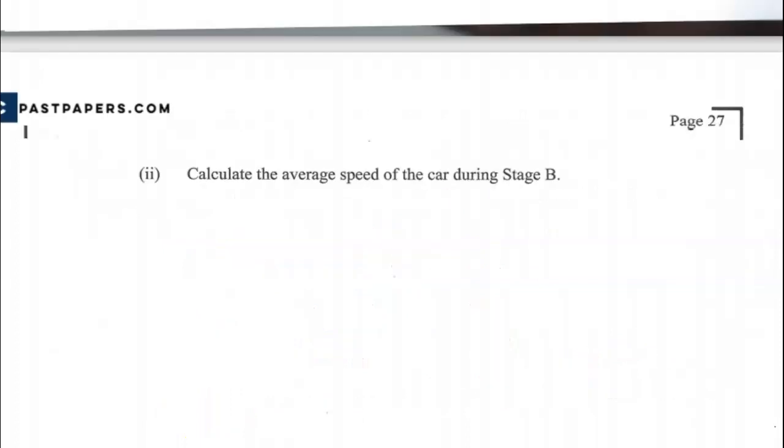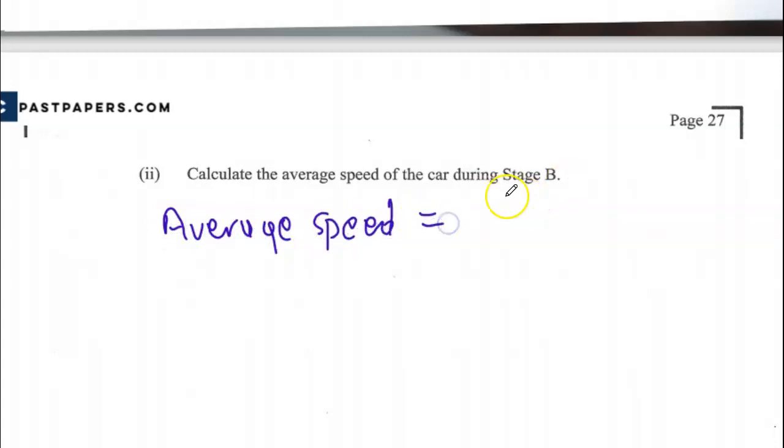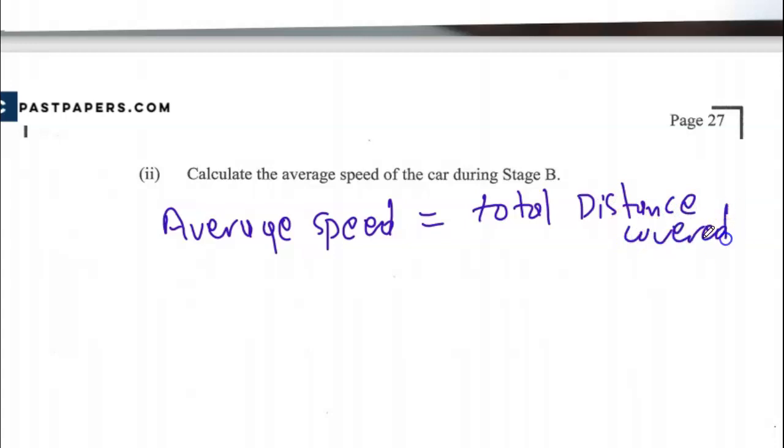Part 2, calculate the average speed of the car during stage B. Now average speed is equal to total distance covered over the time taken.